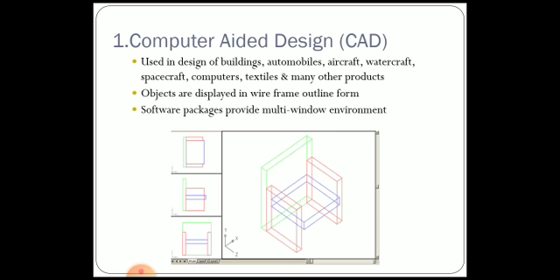Now, we have computer-aided design over here. As I said, we can design buildings, automobiles, aircraft, watercraft, spacecraft, computers, textiles, and many other products. Objects, in this case, in the software, are represented or displayed in wireframe outline form, as you can see in the figure given here.